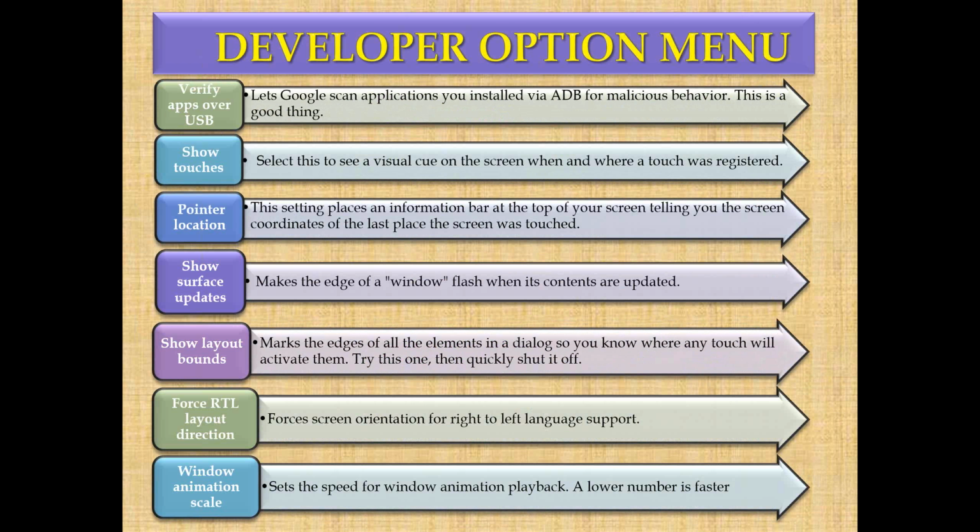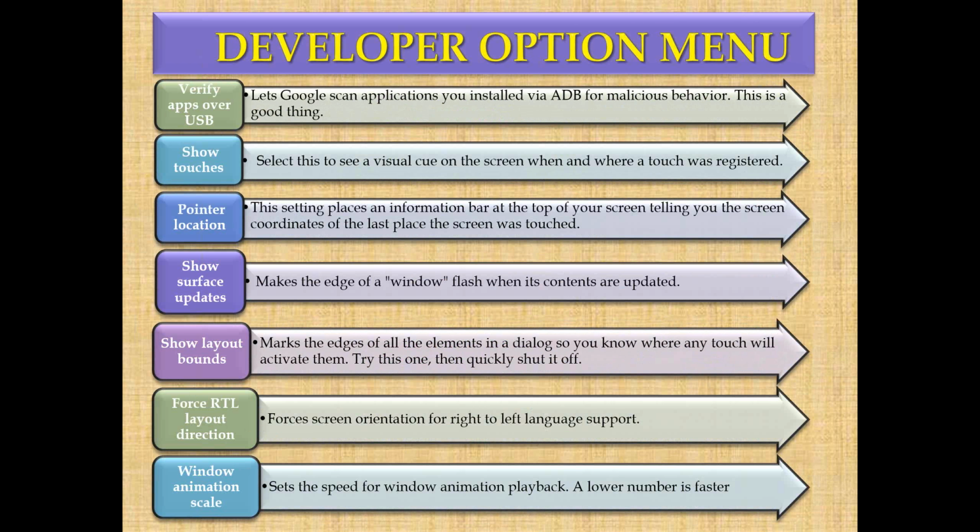So what is important? Oh, in here. Force RTL layout direction. What it means is, we are usually reading from left to right, but there are some languages where people read from right to left, right? There's the Arabic language, there's Hebrew.